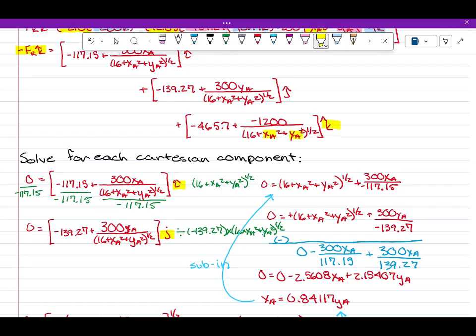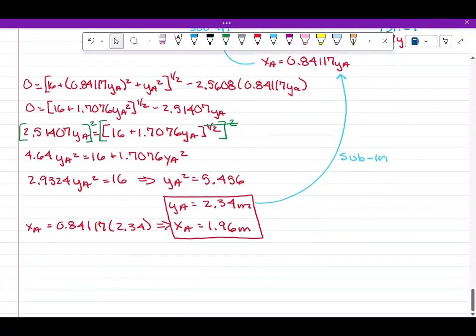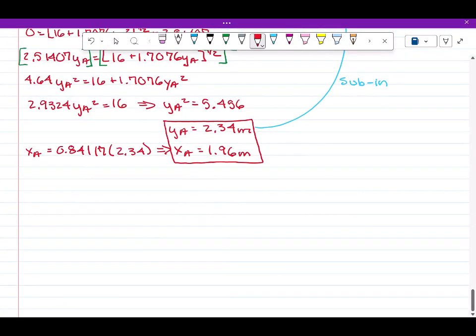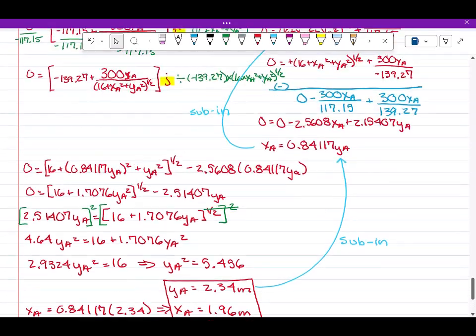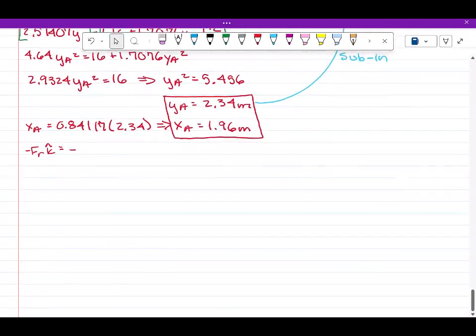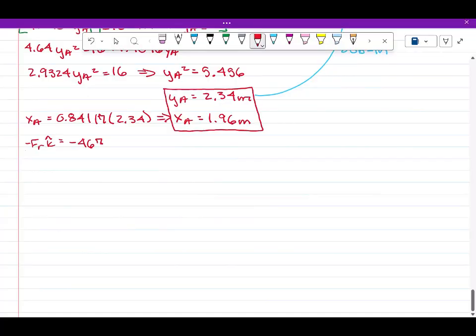Therefore, when we solve for the k component, this is when we can calculate the magnitude of our resultant force. So we have negative magnitude of F, or resultant force F, times k is equal to negative 465.7 plus negative 1,200 divided by the square root of 16 plus xa squared plus ya squared, which we know now, times k.